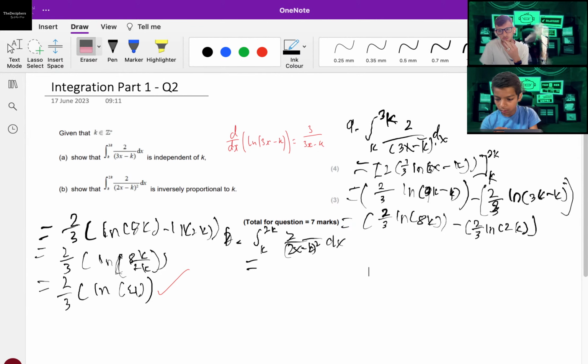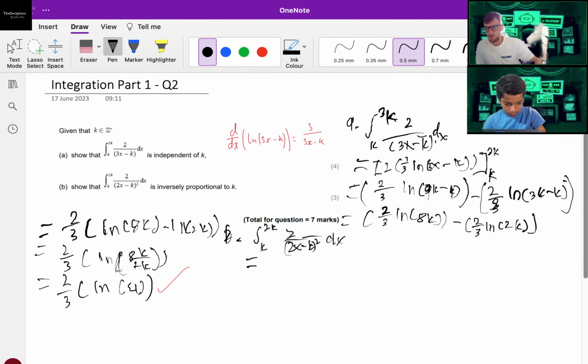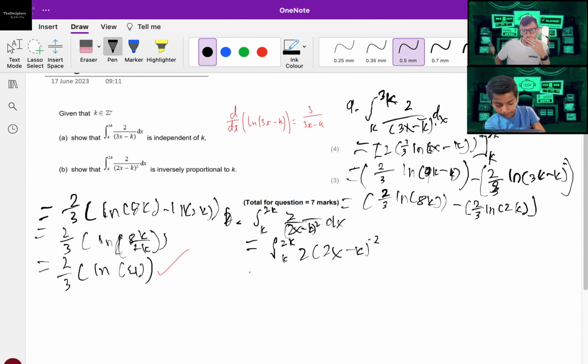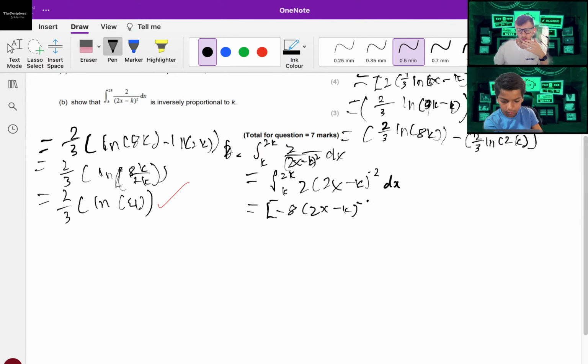So if we do that, then it's just negative 8 and by 2x minus k to the power of negative 1.